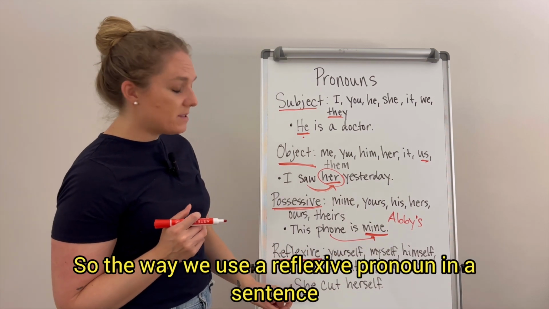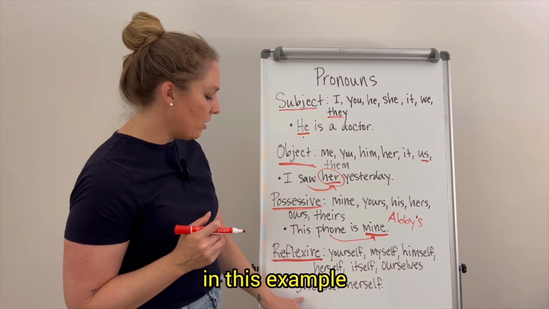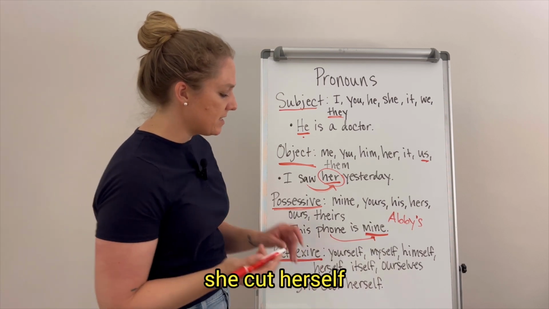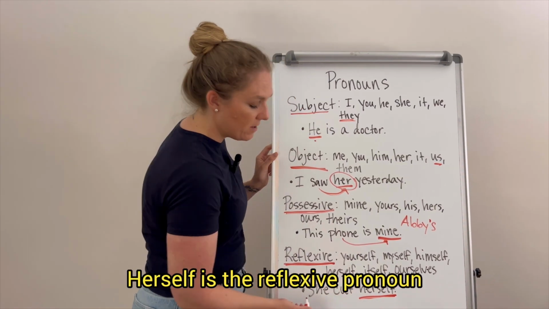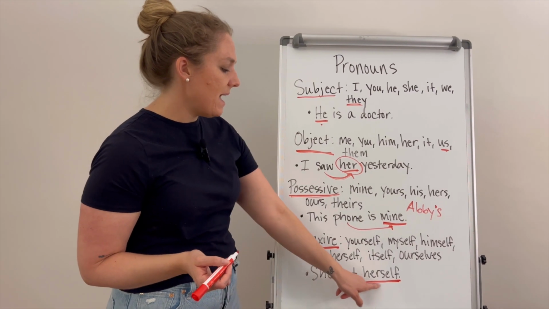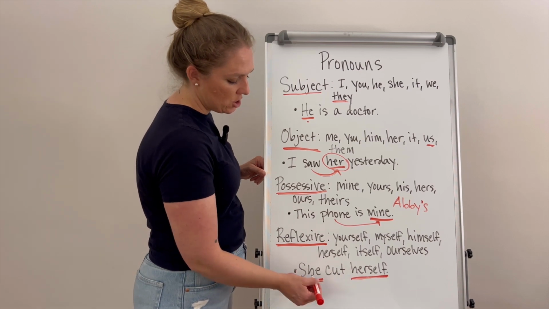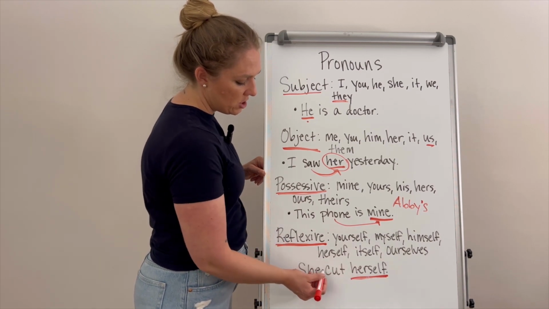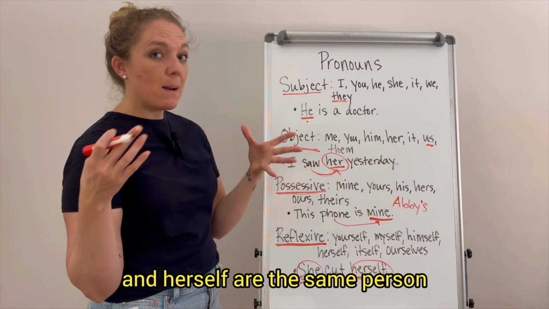So the way we use a reflexive pronoun in a sentence, in this example, she cut herself. Herself is the reflexive pronoun, and it is because the subject and the object are the same person. She cut herself. She and herself are the same person.